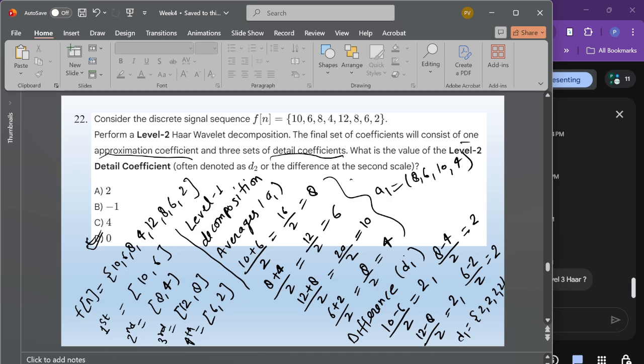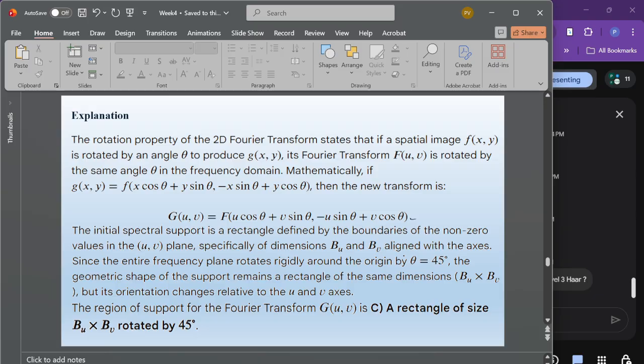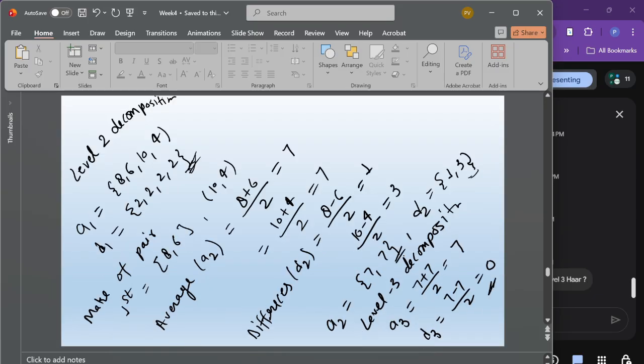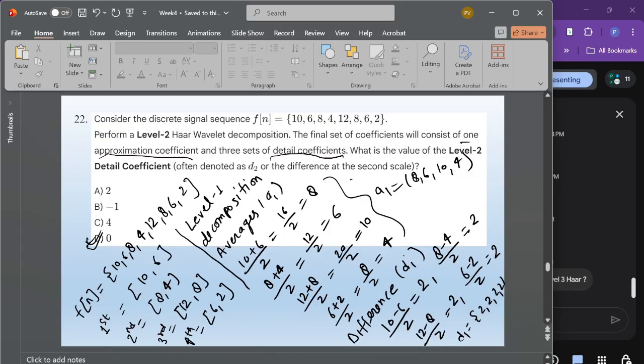That's why we have gone to level 3, because in level 2 we are not getting any values, and we need to answer with only one. In the options only one value is given. That's why we will move to level 3.